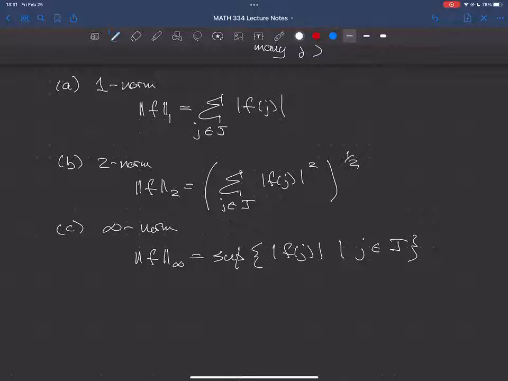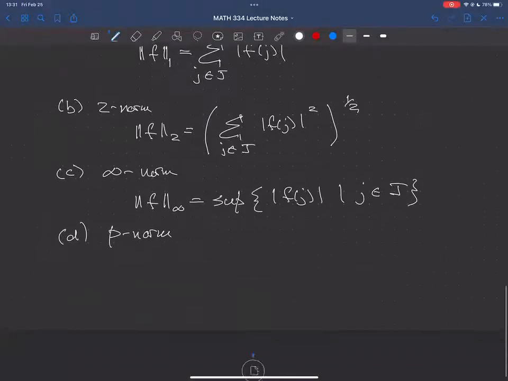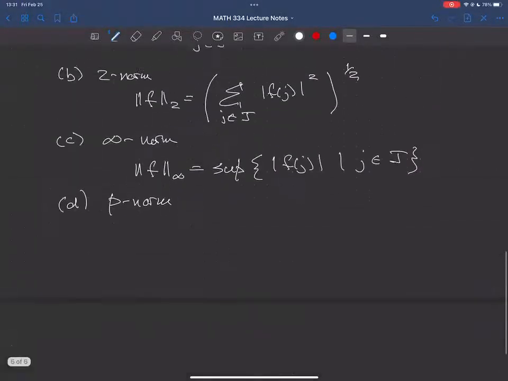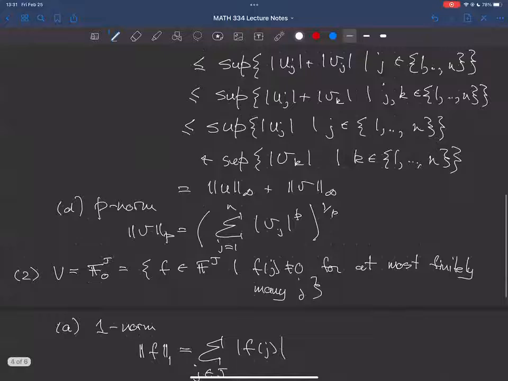Okay, so these definitions at least make sense. And then we have the norm, which includes as a special case the 1 and the 2 norm, namely all the p norms. Oh, so I should have said here, p here is allowed to run from 1 to infinity. Okay, and that's so that the norm property is satisfied.